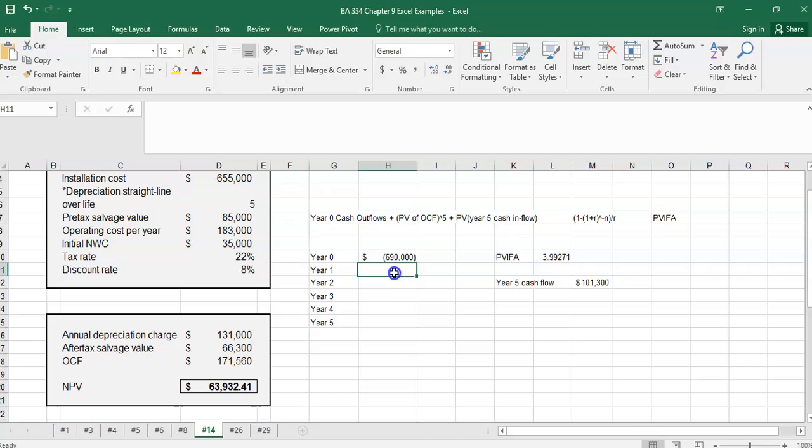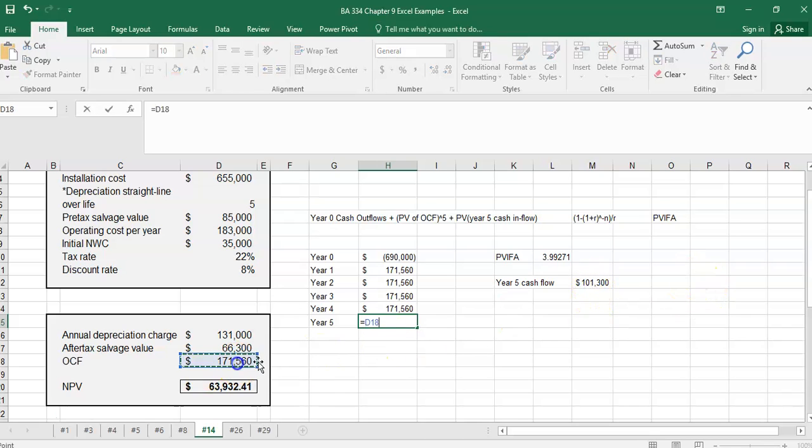The other way to do this is to put out all of the cash flows for each year. So we have cash flows in all of these years, and in year 5, we have our regular cash flow, and we add this amount here.